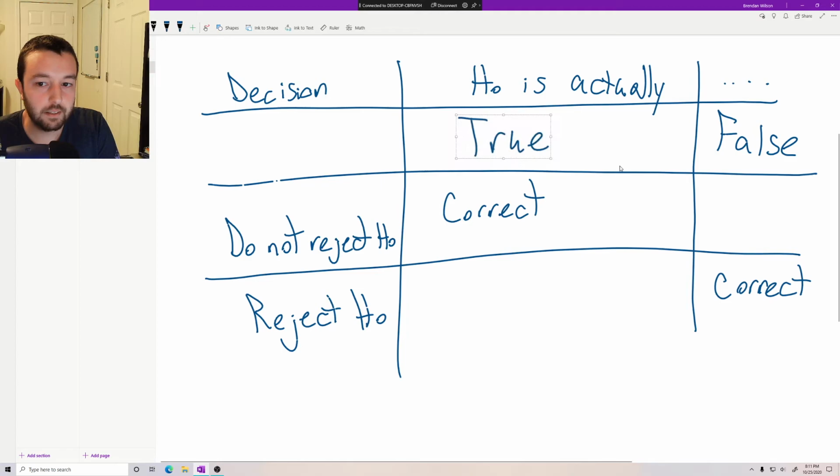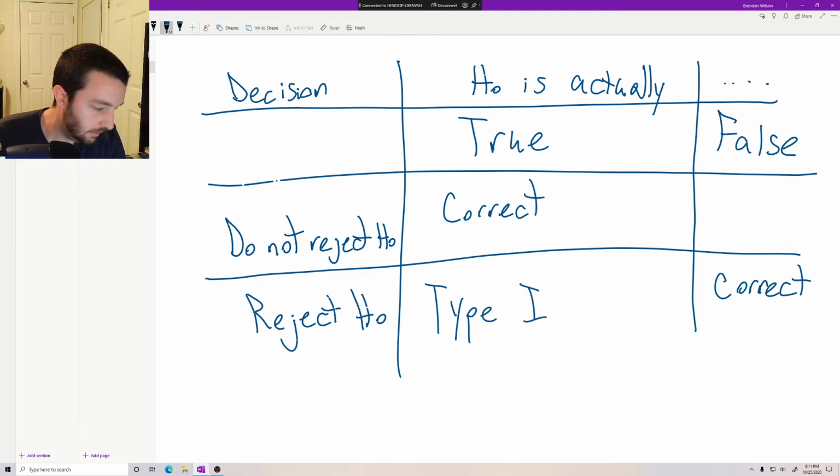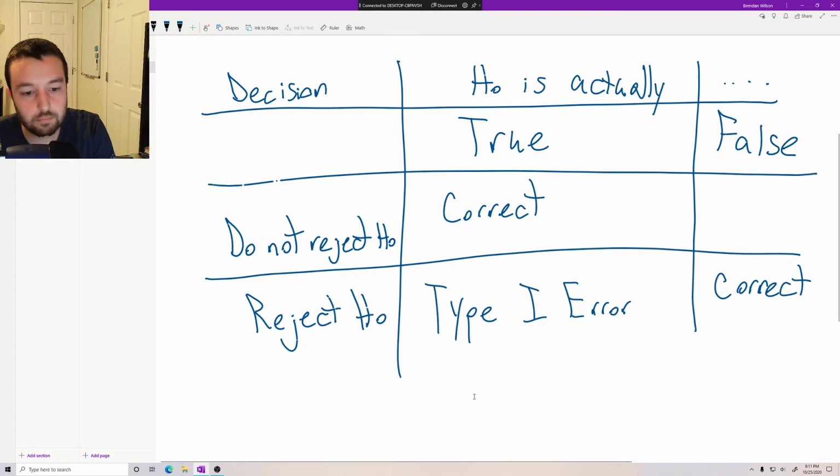So the bad outcomes would be, okay, H naught is true, the null hypothesis is true, but we rejected it. Okay, that's bad, right? If it's true, then we don't want to reject it because that means we reject a true statement. This is what we call a type 1 error. Okay. Type 1 error.